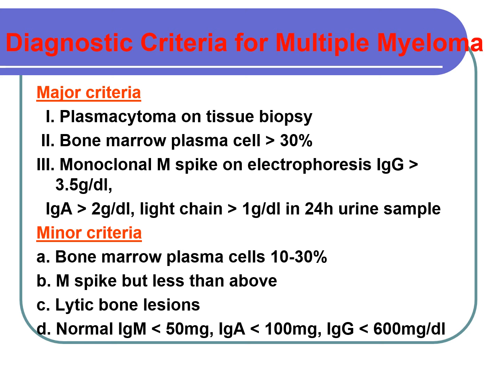The major criteria are plasmacytoma on tissue biopsy, bone marrow plasma cells more than 30%, and a monoclonal M spike in electrophoresis, with high immunoglobulin G more than 3.5 gram per dl, immunoglobulin A more than 2 gram per dl, and light chain, either kappa or lambda, more than 1 gram per dl in a 24-hour urine sample. The minor criteria include plasma cells in the bone marrow between 10 and 30%, an M spike lower than the above levels, lytic bone lesions, and reduced normal IgM, IgA, and IgG levels.